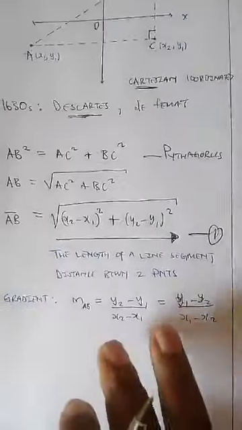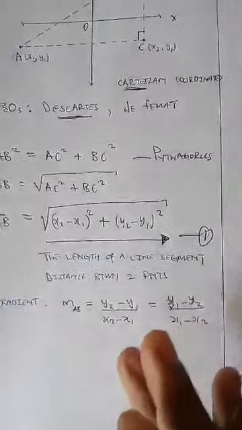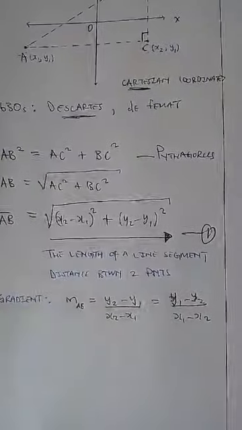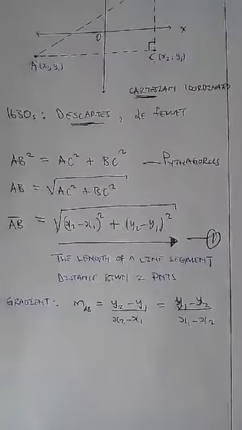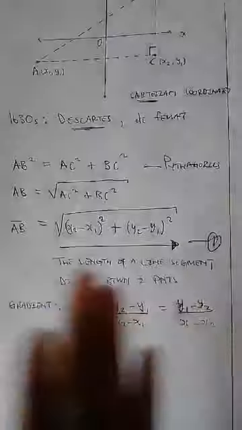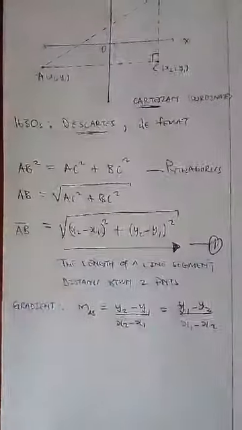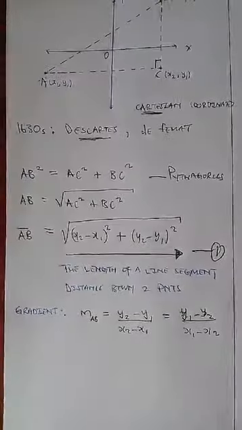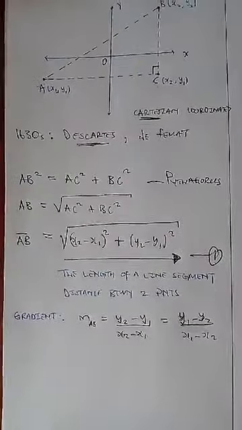So y2 minus y1 over x2 minus x1 is the same as y1 minus y2 over x1 minus x2. Even if they are negatives, the negatives should cancel somewhere. So this is the expression for the gradient.